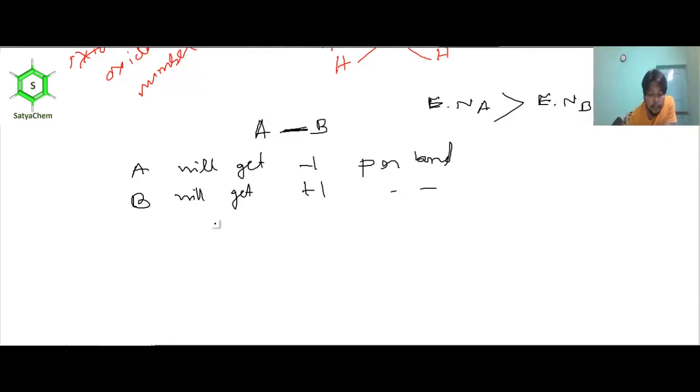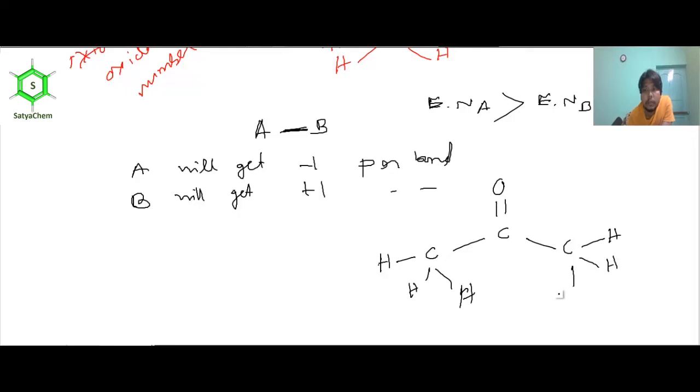For example, I am giving the acetone molecule, H C H H C double bond O C H H H. We know carbon is situated on the left side of the periodic table relative to oxygen. So carbon will get plus 2 and oxygen will get minus 2, because here there are 2 bonds.